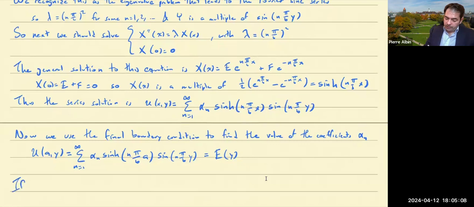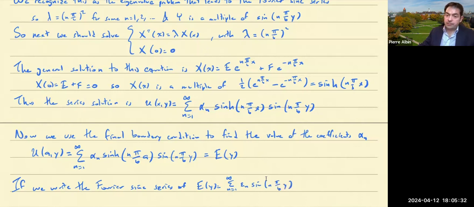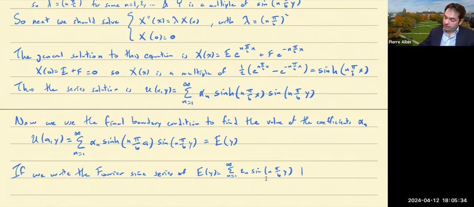Okay, so if we write the Fourier sine series of E of y as the sum n goes from 1 to infinity of epsilon n sine of n pi over b y, then we see that alpha n should be epsilon n divided by hyperbolic sine of n pi a over b.